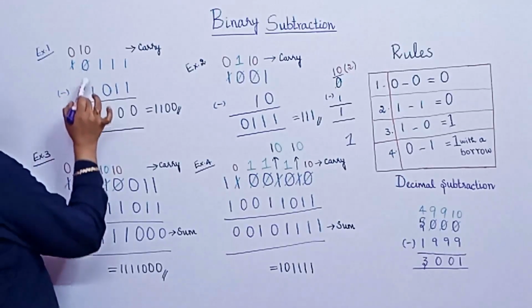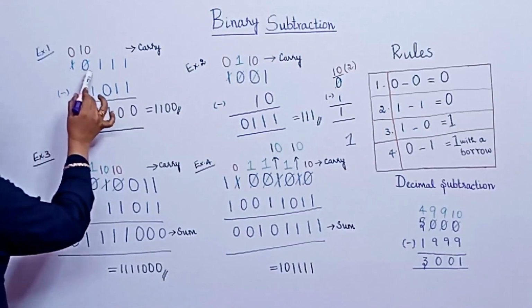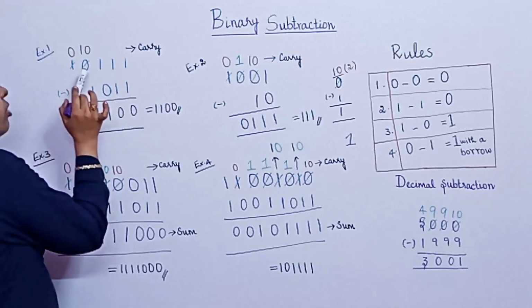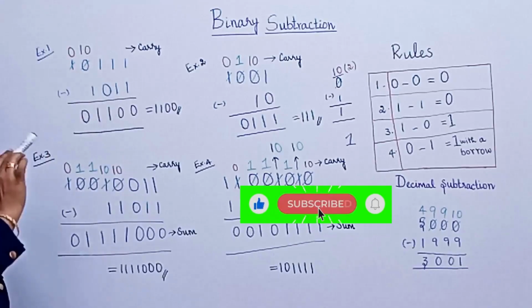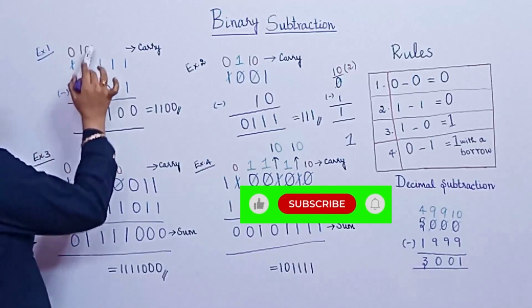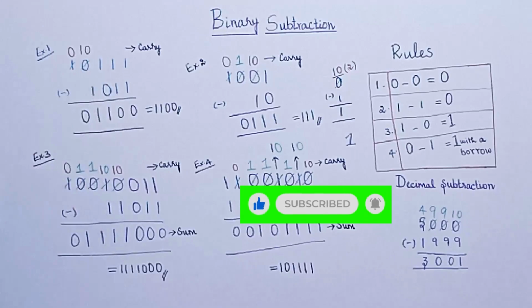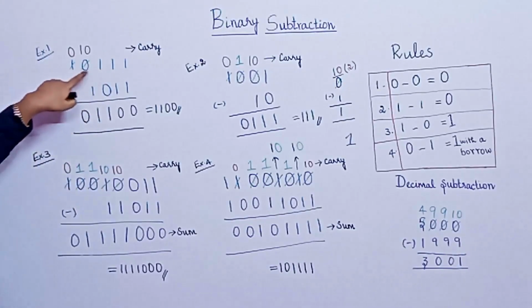Now here comes 0 minus 1. So what do we have to do? We have to borrow from the next number. After borrowing, this 0 will become 10. So 10, its decimal value is 2. You have to remember. So 2 minus 1 will become 1. And then this 1 will turn to 0 because it has been borrowed from.